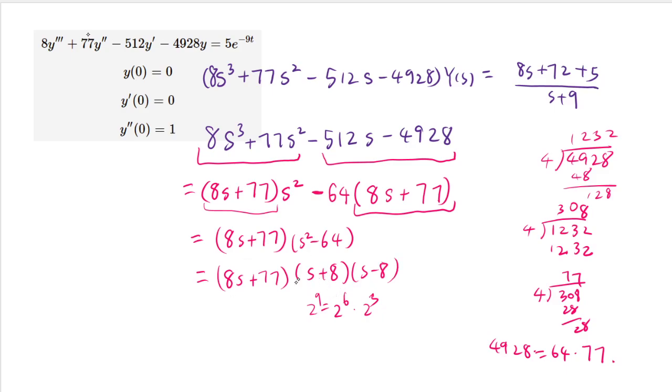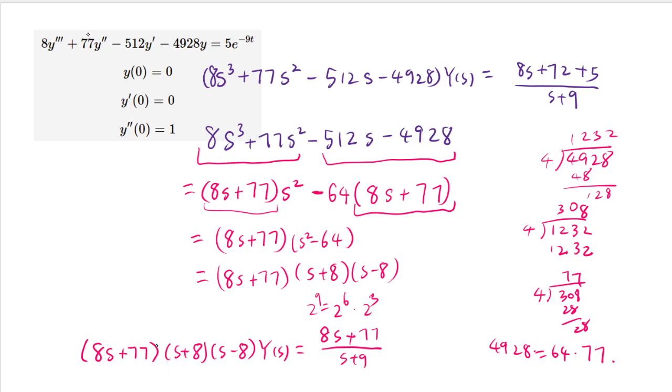Okay, so that means now this above here can be written as 8s plus 77 times s plus 8 times s minus 8 times y of s equals 8s. 72 plus 5 is 77, right? 77 over s plus 9.